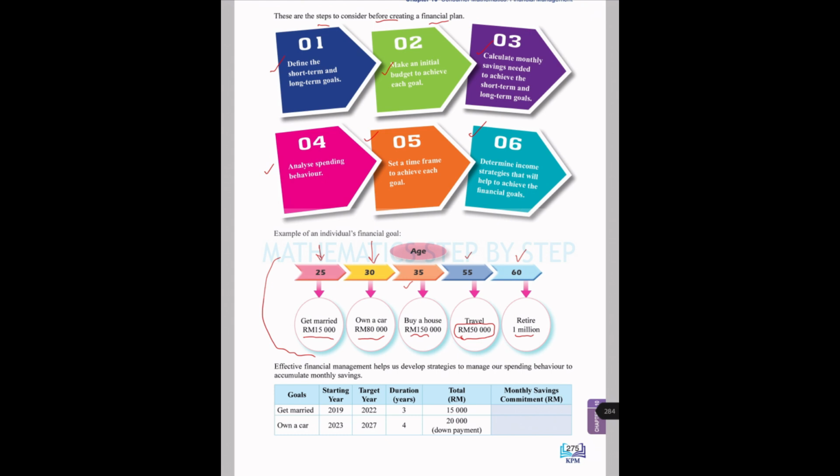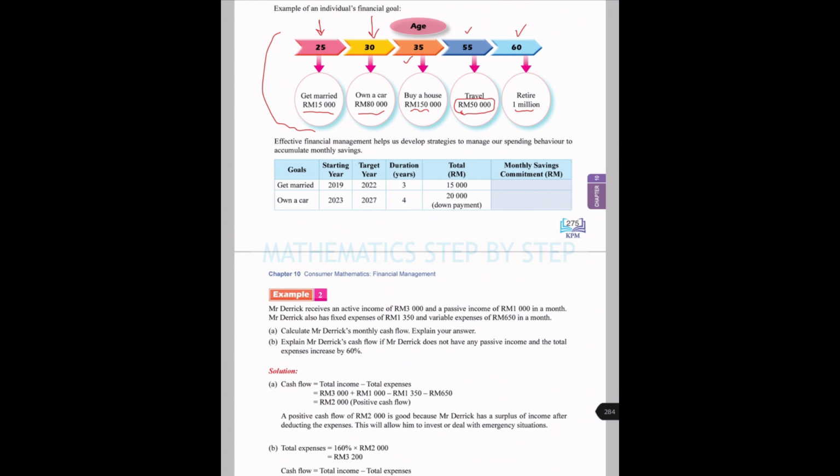Okay, so effective financial management helps us develop strategies to manage our spending behavior to accumulate monthly savings. So getting married in, let's say, 2019, he will start to save money. Then in 2022 he will be getting married. So this goal he will achieve in 3 years' time with the saving of 15,000 to prepare for marriage.